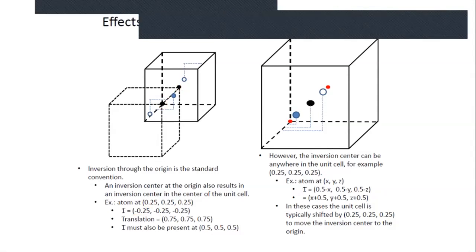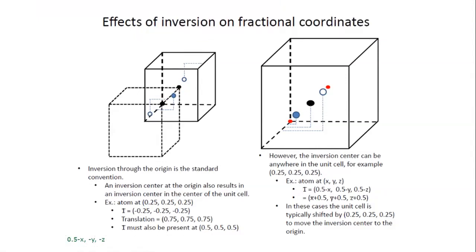So let me just show you one example of that. So let's say we have an inversion center at 0.5 minus x, negative y, negative z. And we start with the set of coordinates.